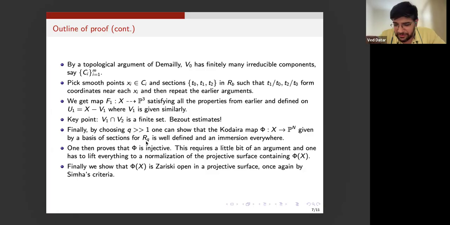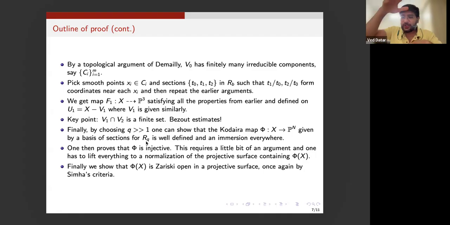Okay, so here there's a slight technicality because, to run the Simha argument, phi of X, once you lift it to the normalization, will be contained in a projective surface. So then one has to show that hyperplanes in that ambient projective space will also intersect the complement of phi of X in that projective surface in finitely many points.